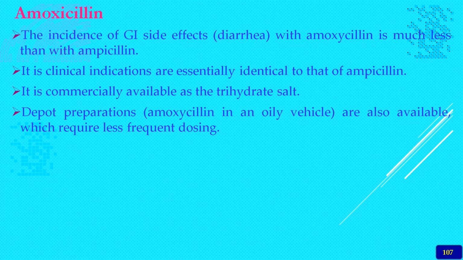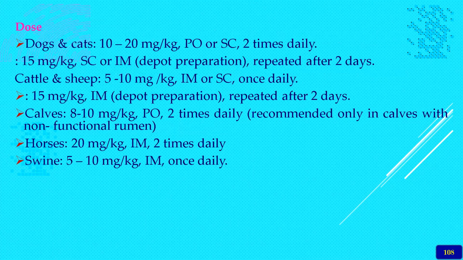Amoxicillin trihydrate salt is available, and also depot preparations, available as oral and oily vehicles. It requires less frequent dosing. And the dose is the same as that of ampicillin, 10 to 20 milligram, orally or subcutaneously twice a day.